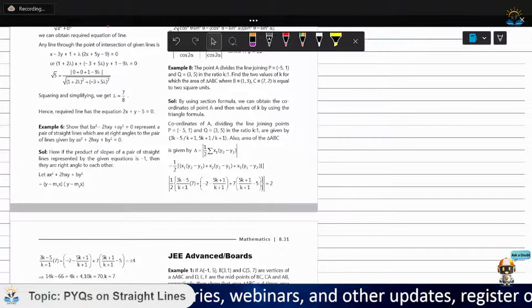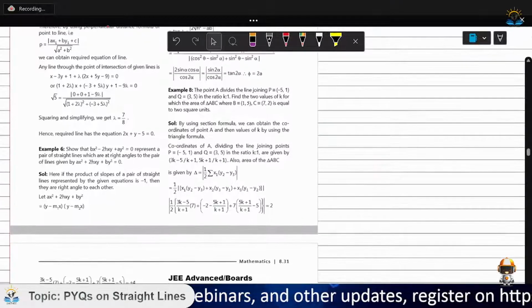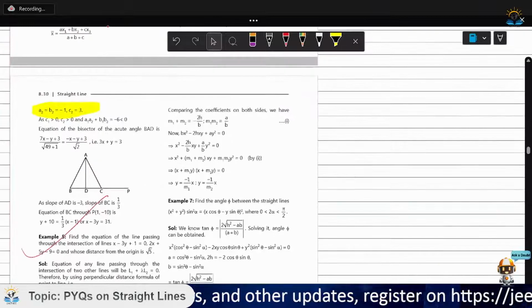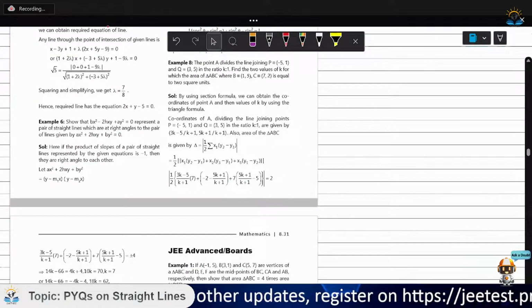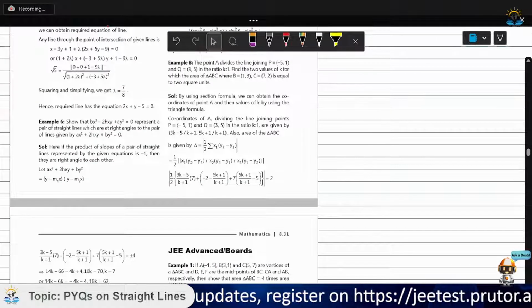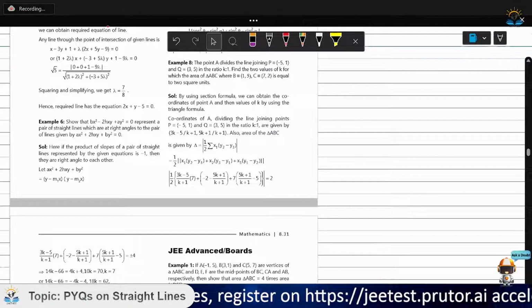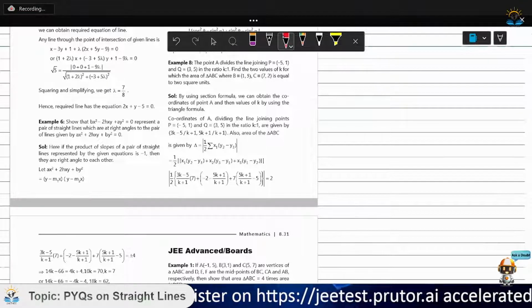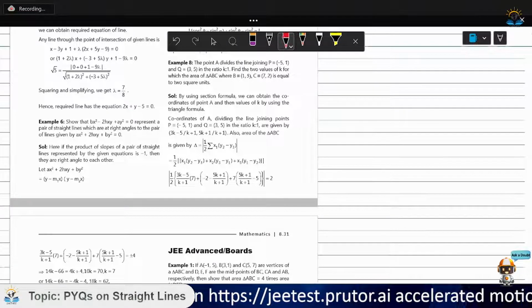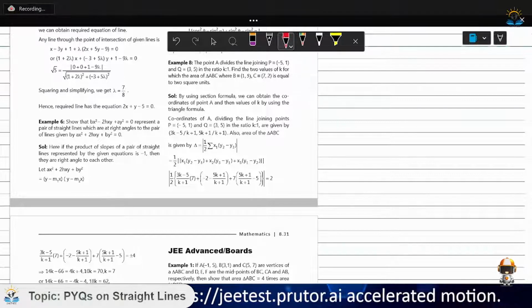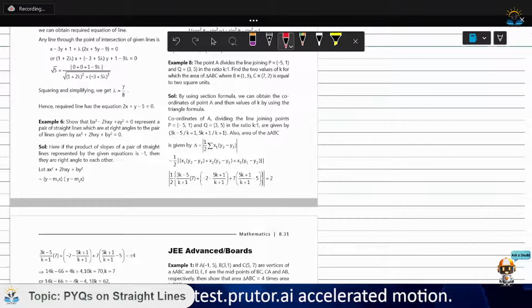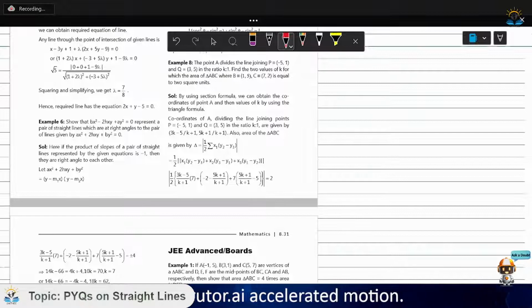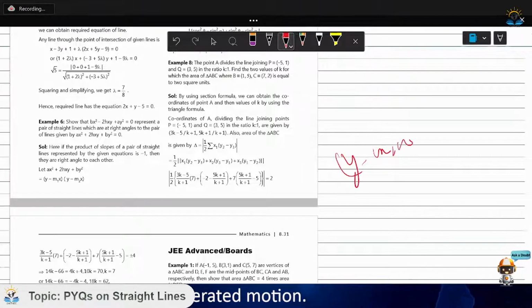So there are two ways to solve this question. So let's go with the solution that is being provided by the solution itself. So how do we proceed? Since we know that these represent a pair of lines passing through the origin, we can write them as y minus m1x and y minus m2x, right?